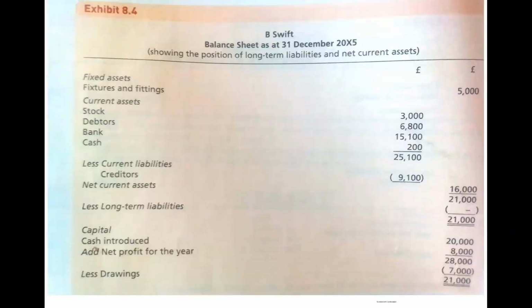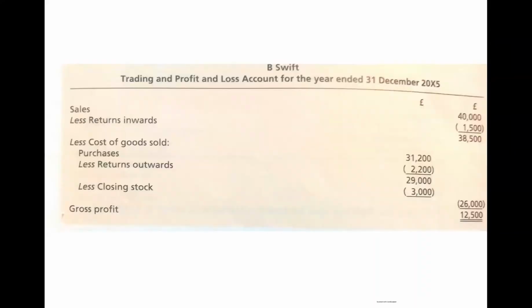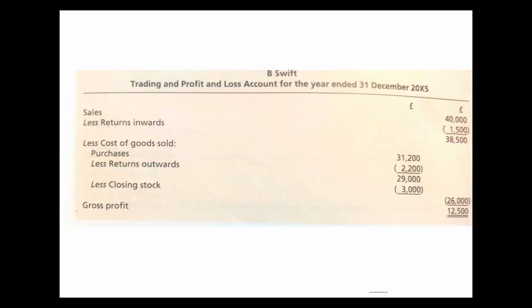We are still adding some features on to the profit and loss account so that you get it clearly. Now observe that we have added another feature. We have the sales, then now we have the sales return, or the returns inward.